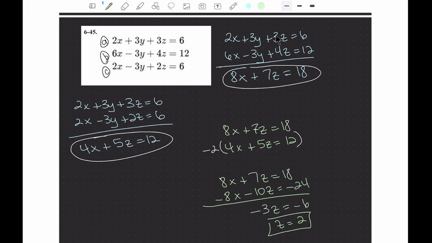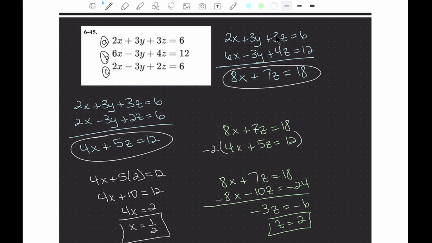So if I work backwards, I know my z is 2, so 4x plus 5 times 2 equals 12. 4x plus 10 equals 12. Subtract 10 from both sides. 4x equals 2, and x equals 1/2. We can have fractions. Fractions are our friends, right?